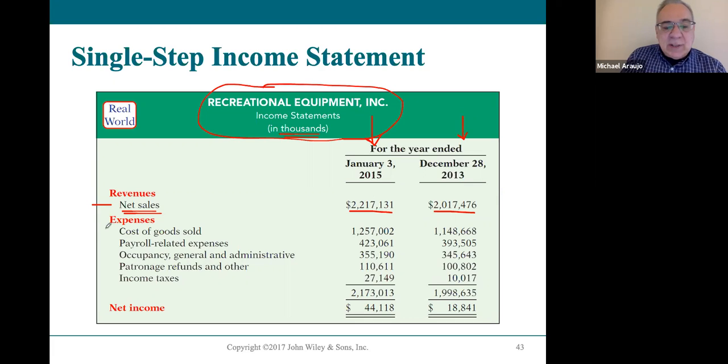And then you have a list of expenses. I want you to notice something, and you're going to see this over and over again. The cost of goods sold is the largest expense for merchandisers. It's more expensive than labor costs, which are your second largest here.